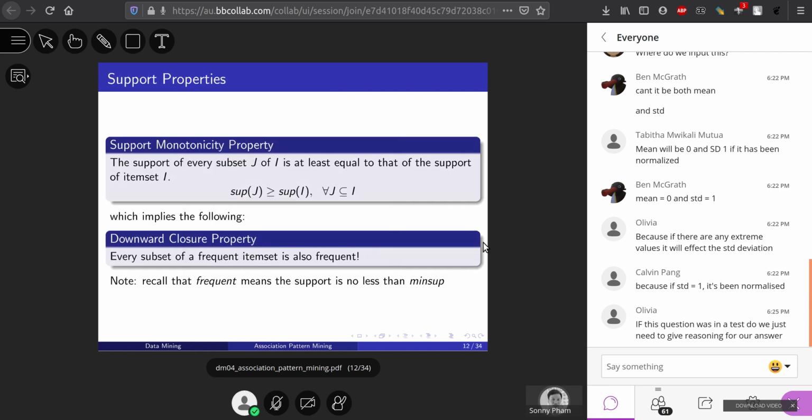So support, relative support, and absolute support are the first few important concepts. The next concept is some properties of support. These are the two important properties. The first one is called support monotonicity.